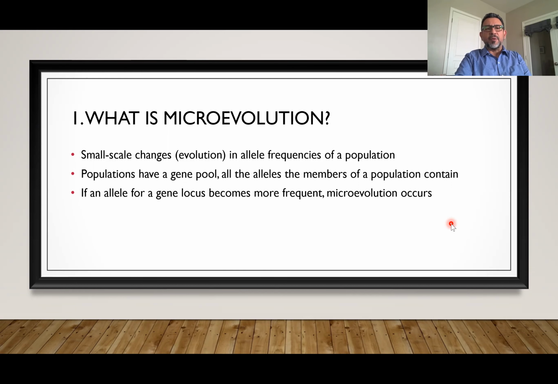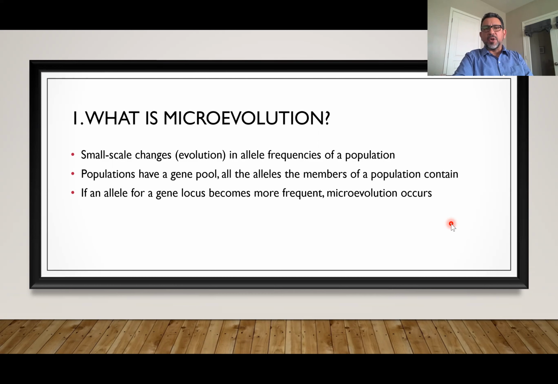So think, for example, about one specific gene at one locus. The gene locus is the specific location of a gene in a chromosome. For a gene locus, you may have, for example, two alleles, a dominant and a recessive. If you have a particular trait of interest, like last week, we were looking at the trait of beak size in finches.